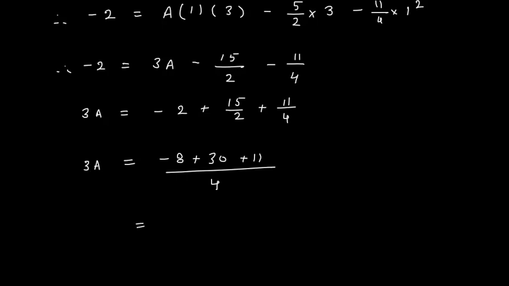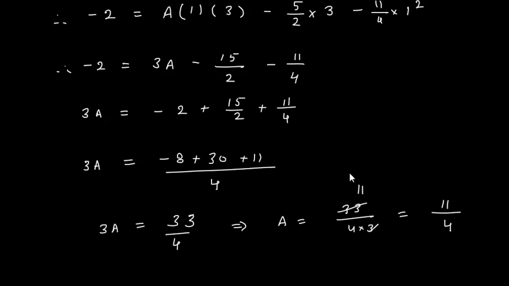So this is equal to, now 30 plus 11 is 41, 41 minus 8 is 33. So 33 divided by 4, this is the value of 3a. So from here you can say that the value of a is 33 divided by 4 into 3. So 3 11s are 33, 11 upon 4. So this is 11 divided by 4.